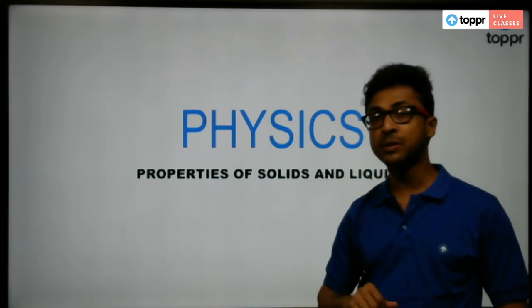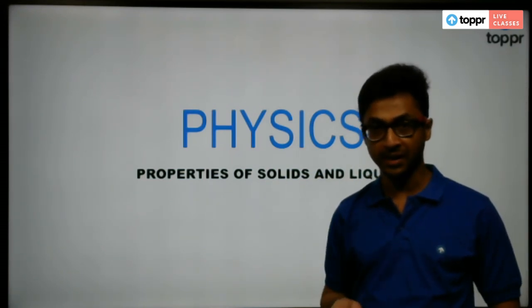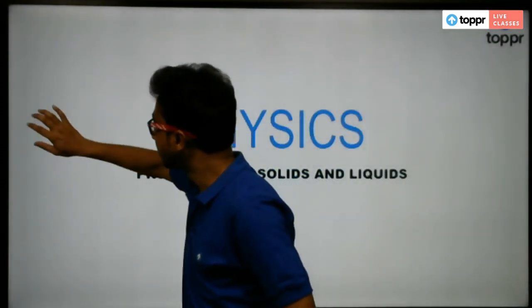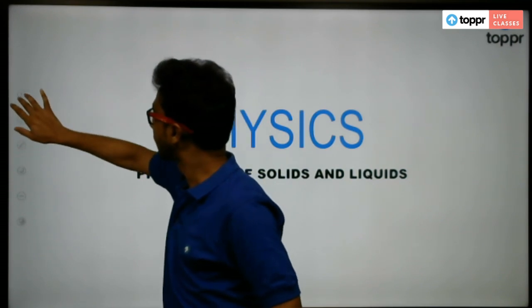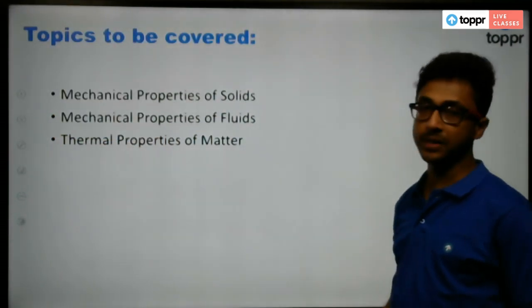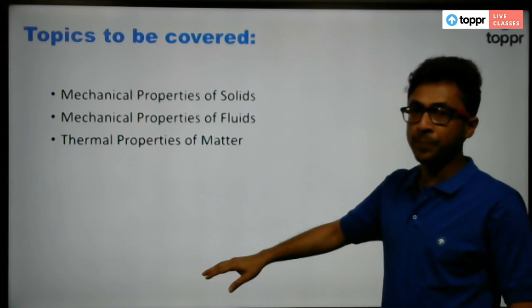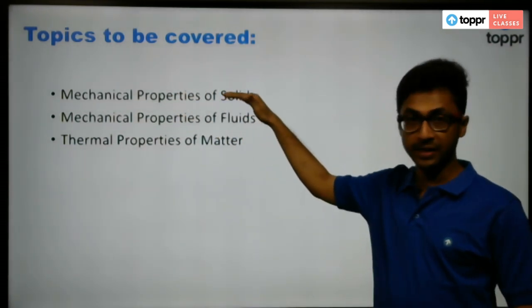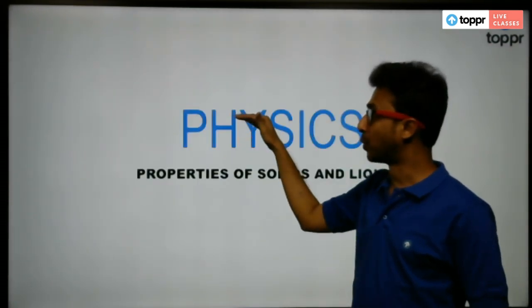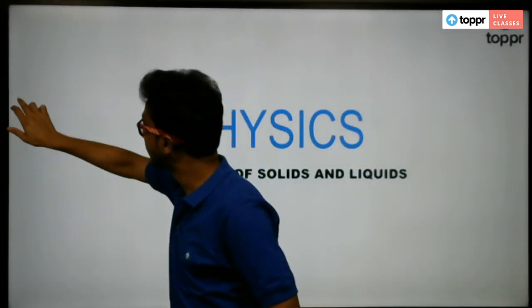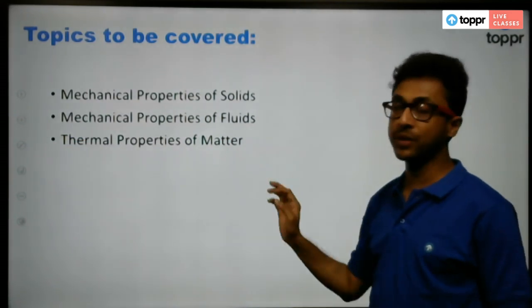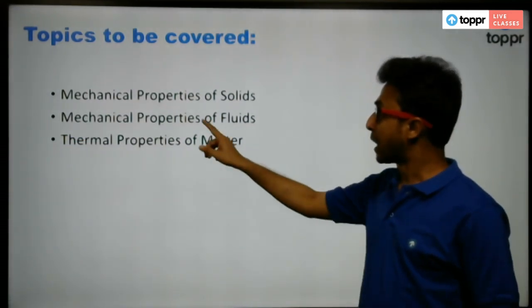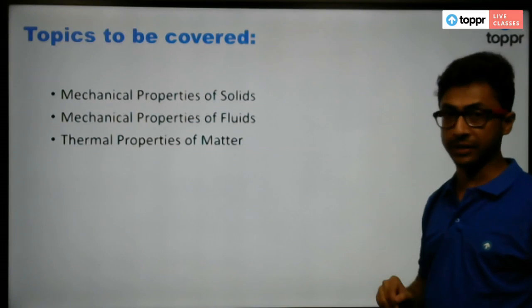Now what properties will we be discussing? We'll be mostly discussing the mechanical properties of solids, mechanical properties of fluids, and thermal properties of matter. Now, what are the mechanical properties of solids?